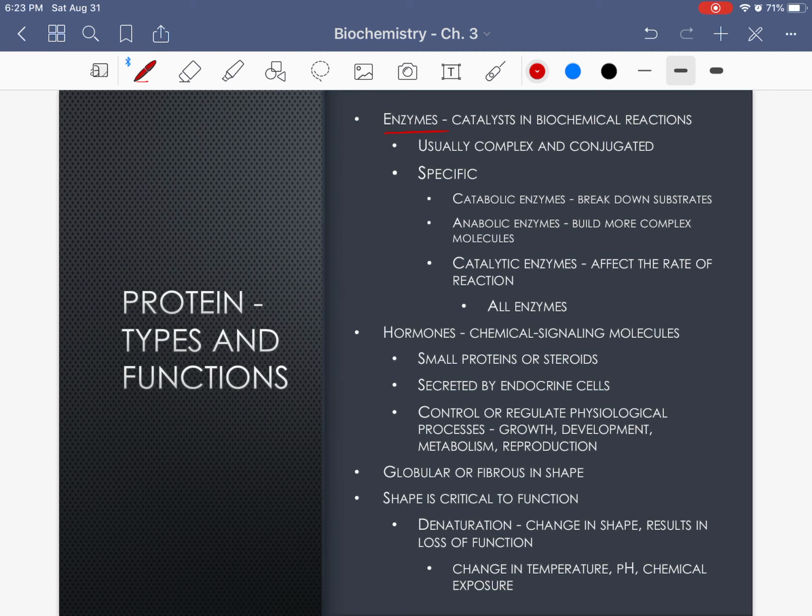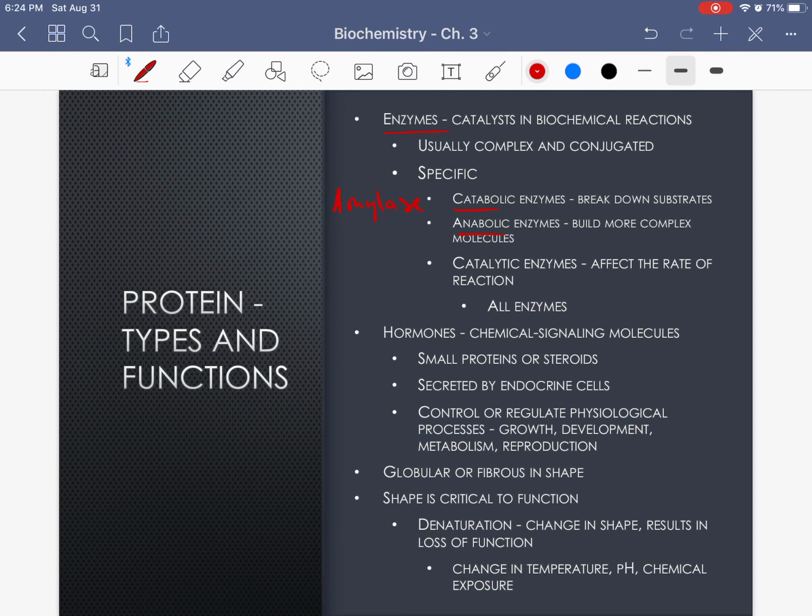Enzymes catalyze biochemical reactions, so that means they speed up those biochemical reactions. Enzymes are extremely specific. Specific enzymes are only going to break down specific molecules. Examples of types of enzymes: catabolic enzymes break down substrates, so amylase that we talked about in the last slide breaks down carbohydrates.